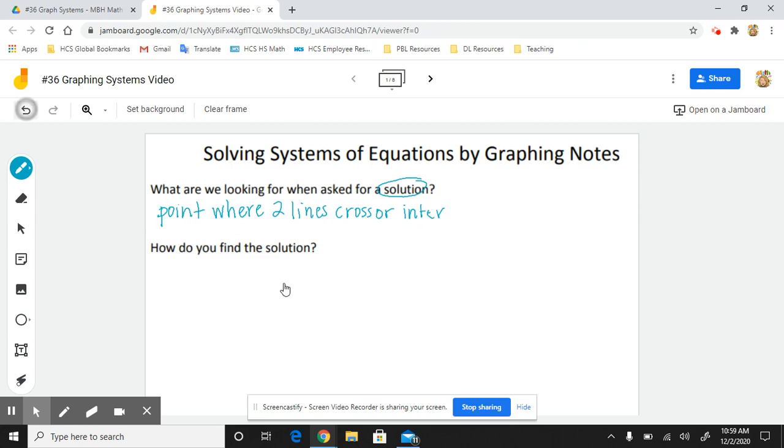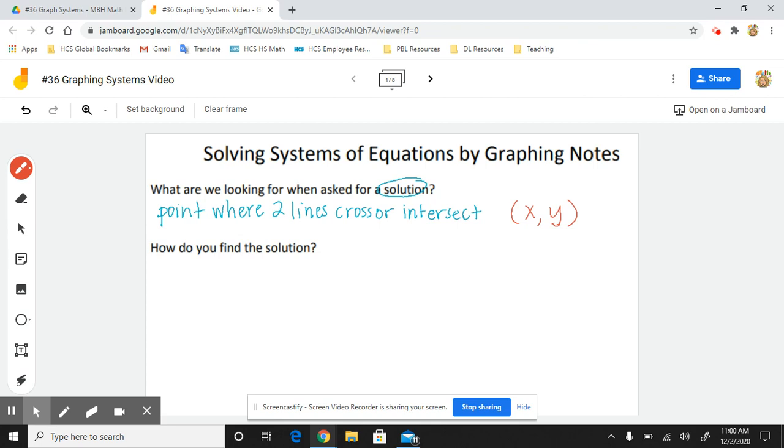That is our mission, to find where these lines cross or intersect one another. And our point is going to have to be written as an x, comma, y, a location, a point, not our rise over run.